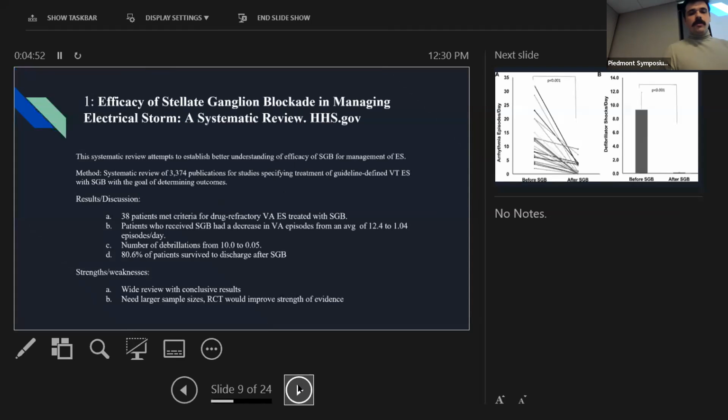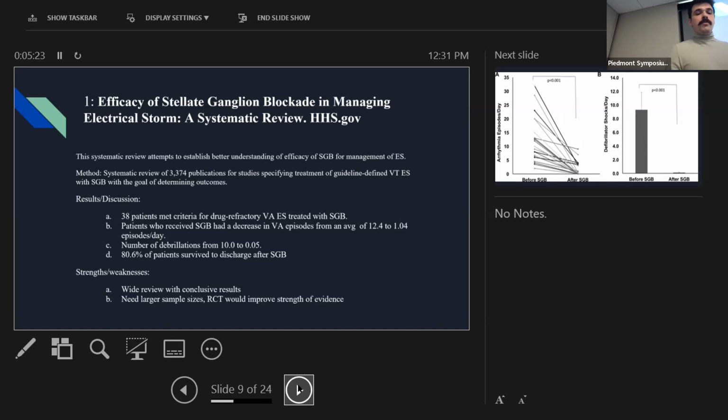To review my literature, my first article is a systematic review published by the Health and Human Services Department. Over 3,000 publications were reviewed for patients that had VAES, that was drug refractory or drug resistant, that were treated with the SGB. They found 38 patients that met this criteria. And what they found was that the average number of episodes, arrhythmic episodes that patients went through on a daily basis went from 12.4 a day down to 1.04 after the nerve block.